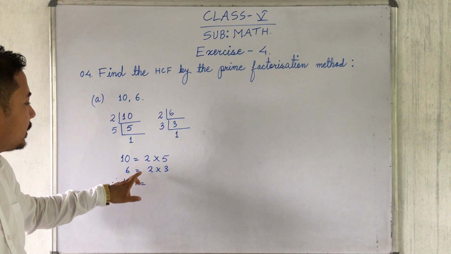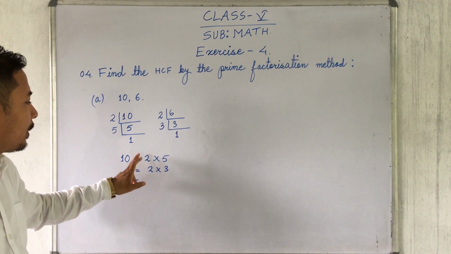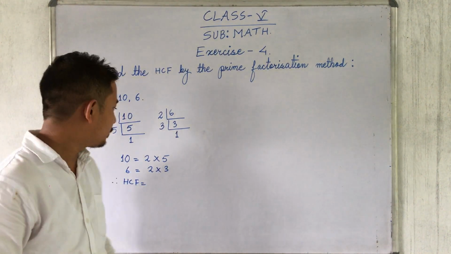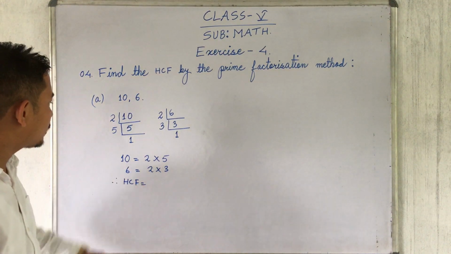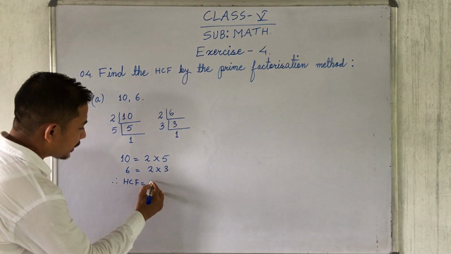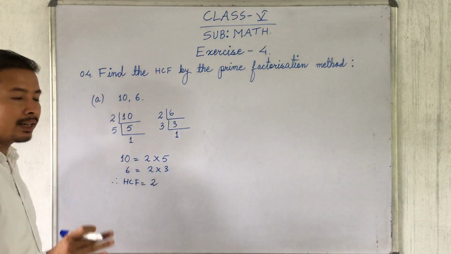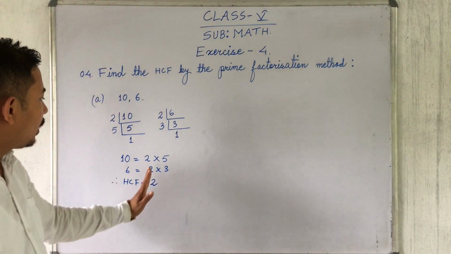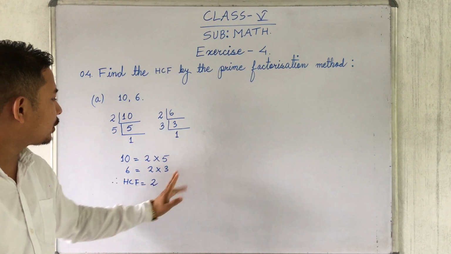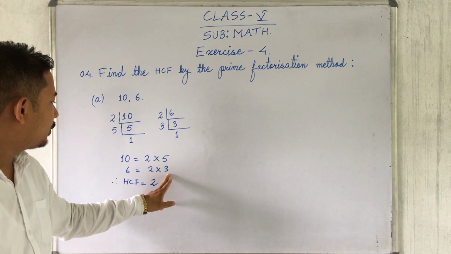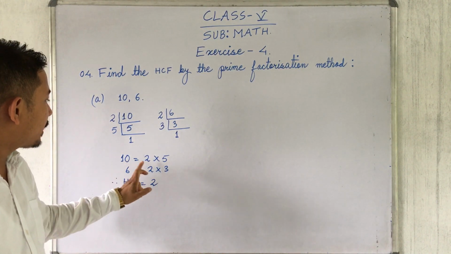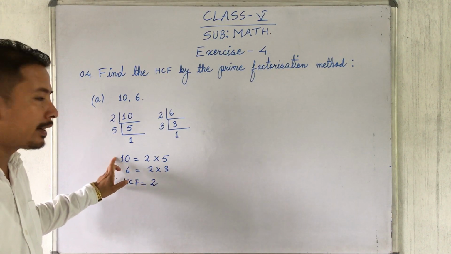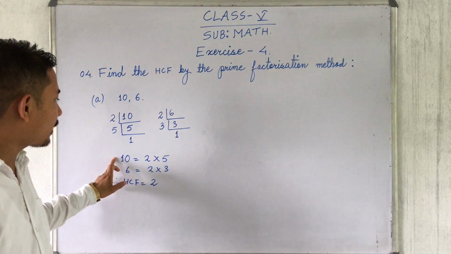That means we can take 2 as common from both. Understood? So we take 2 as common. And second thing, after taking that number as common, we have to see the other numbers also. There is 3 also, which is a factor of 6, but 3 is not a factor of 10.